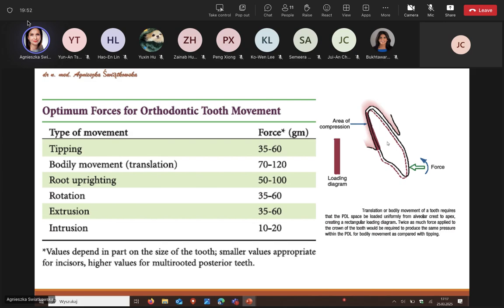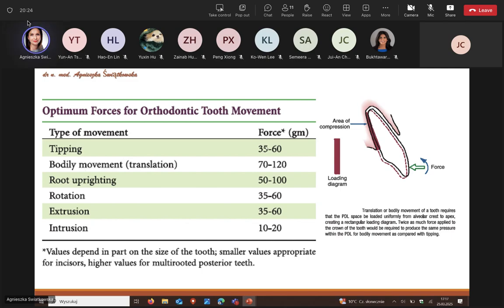So here will be the center of rotation, the crown goes backward and the root goes forward. This kind of movement we can achieve with fixed appliances, with braces, but also with removable appliances. So if we use an upper plate and we activate this labial arch, we achieve tipping.